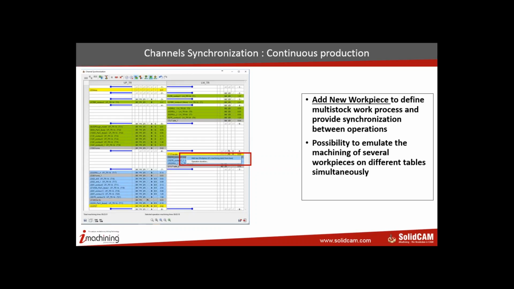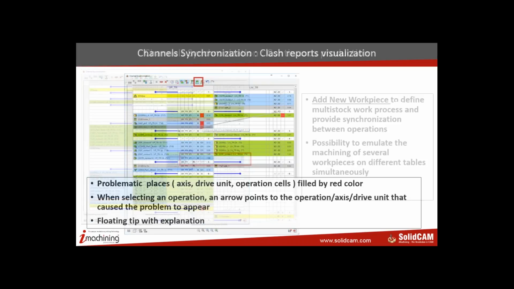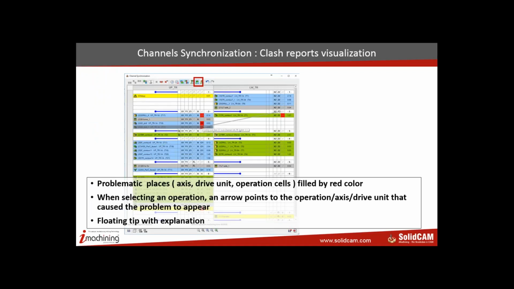You've got the part in the front spindle, you've got the part in the back spindle. You can see them both at the same time in the various states. You can also see problem areas, such as areas that are in the same space of the machine at the same time. So you can see the potential collisions that may be likely to occur. So you can see that before you've even looked at the machine.